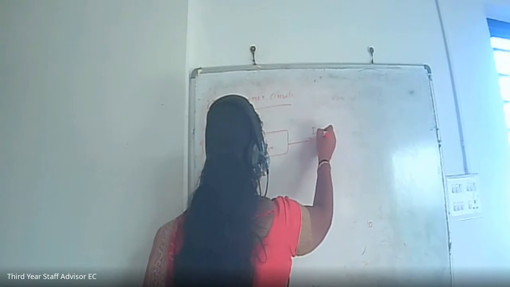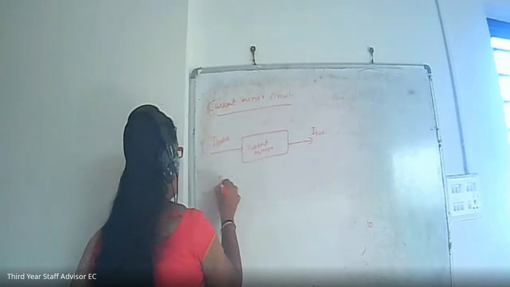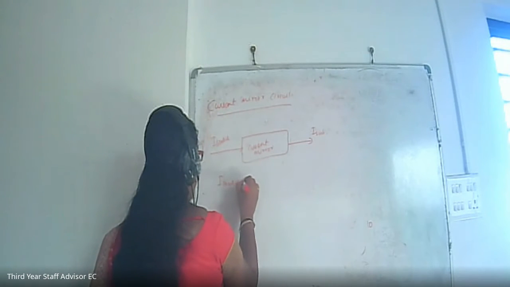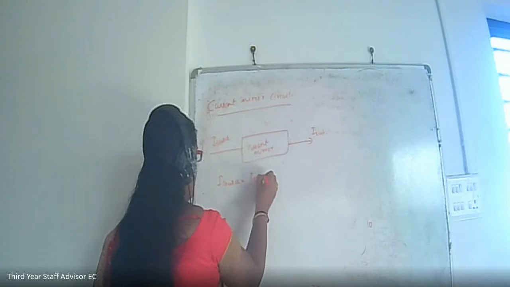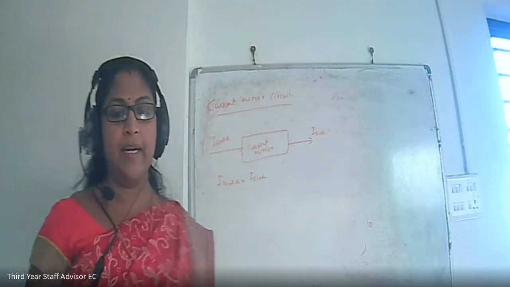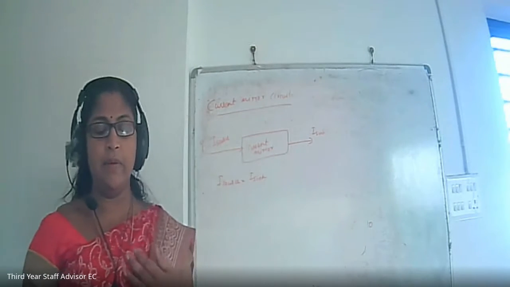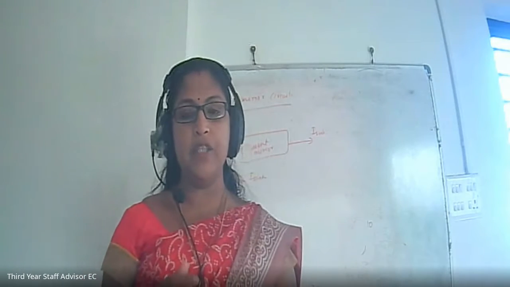In the case of a current mirror circuit, I source will be equal to I sink. So this is the basic concept of the current mirror circuit.